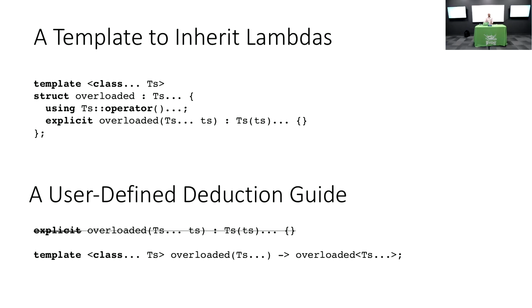There is one more quirk here, which is user defined deduction guides. So you don't have to actually write the overloaded constructor. You can instruct C++ to say, look, if you see this syntax, like overloaded followed by some set of types and values, then just construct an overloaded type like that. This is a brand new feature in C++ called user defined deduction guides.